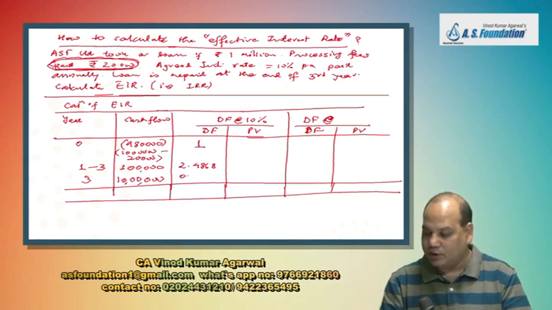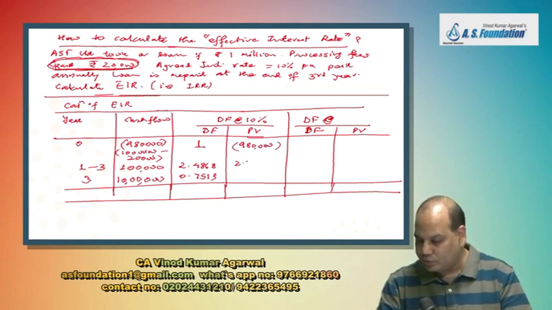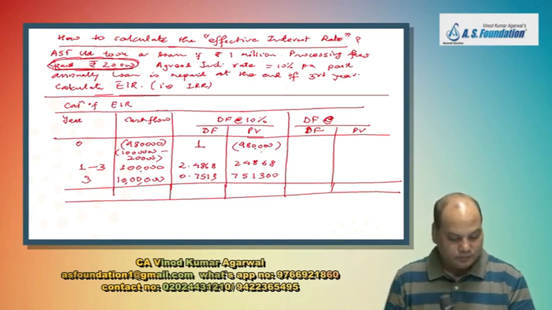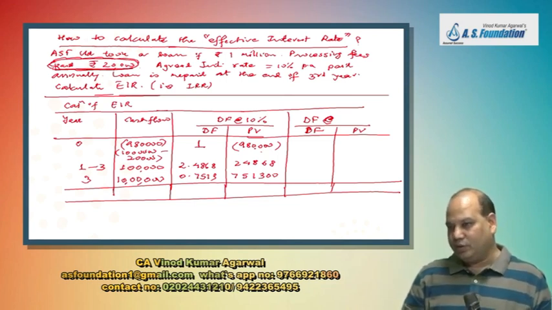And the third year factor will be 0.7513. Multiply 9,80,000 in bracket. This will be 24868. This will be 751300. Is it right? Now tell me, dear student, what is the net amount after deducting 9,80,000?